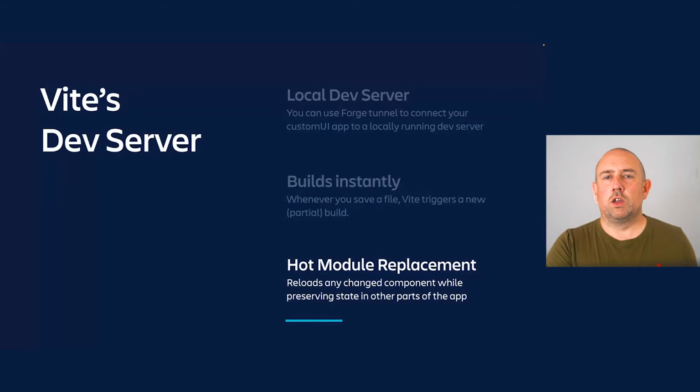Now I have to change that component, that file, and nothing else. It basically means if you change a component, that component gets replaced live in your browser without other parts of your application being touched. And that includes state in other parts of your application.